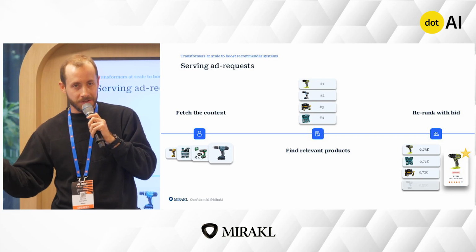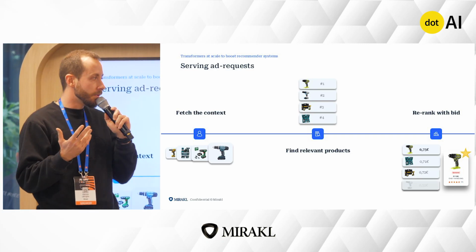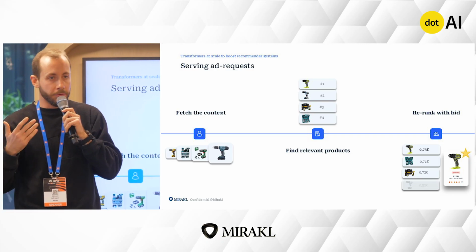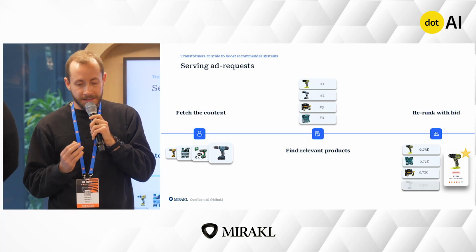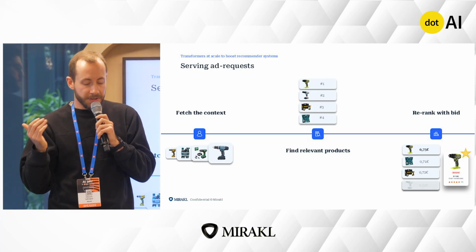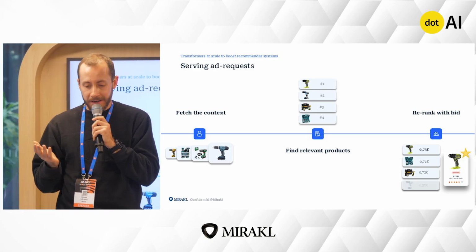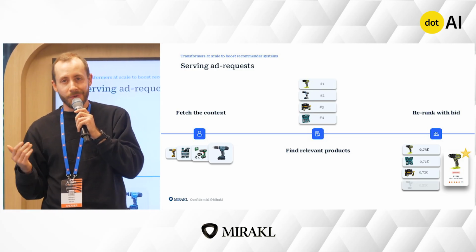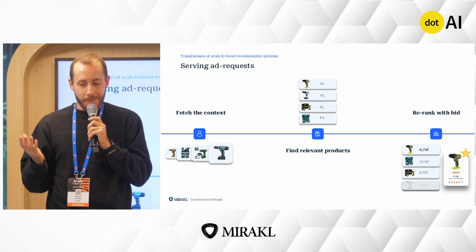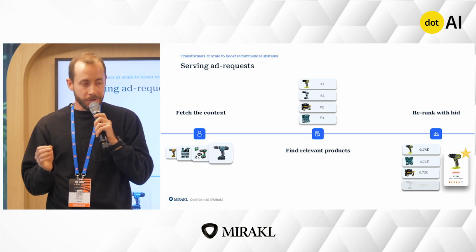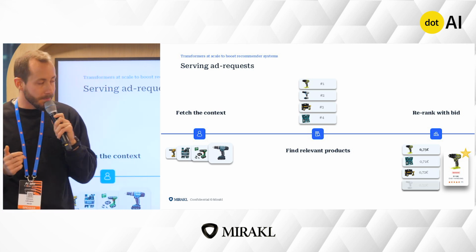This takes place in the form of some kind of auction, for example, the first price auction that will re-rank this order a bit. So in the end, yeah, if you bid more, you are a bit more likely to be on the top, but it's just one part of a much more complex equation.